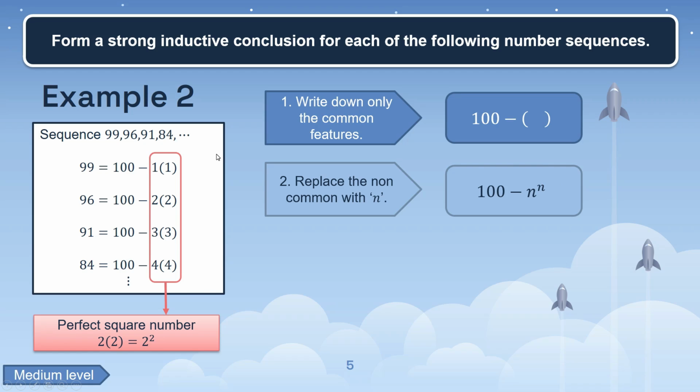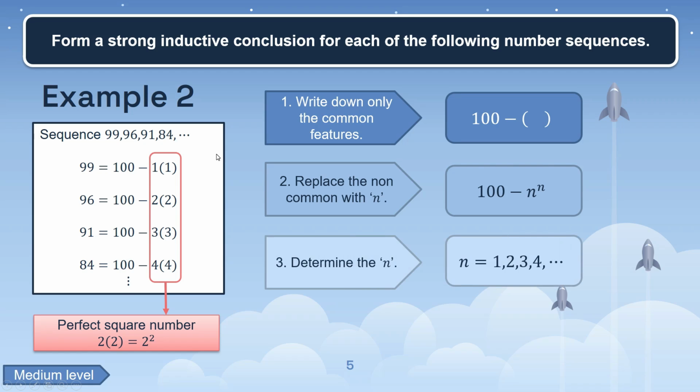And then for the third step, determine the n. N is 1, 2, 3, 4, and put the dot dot dot, 3 dots. And then the final answer, you just combine these two.